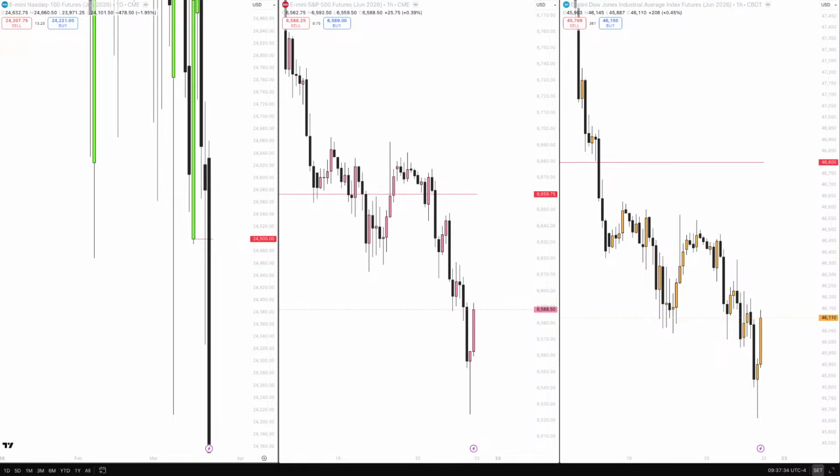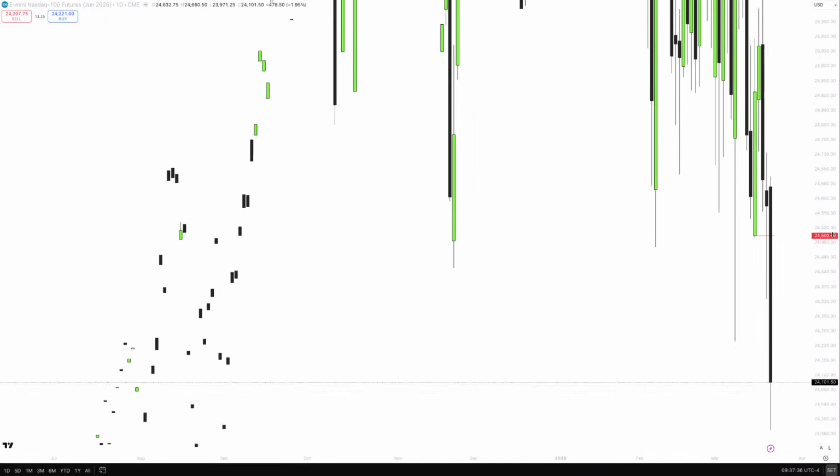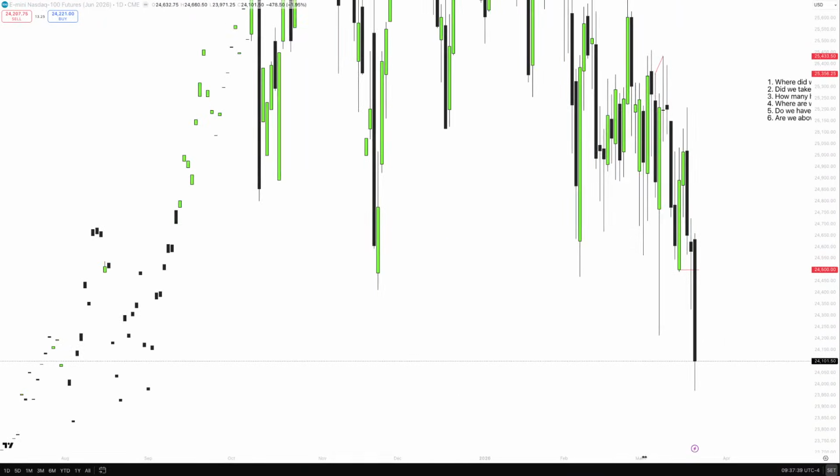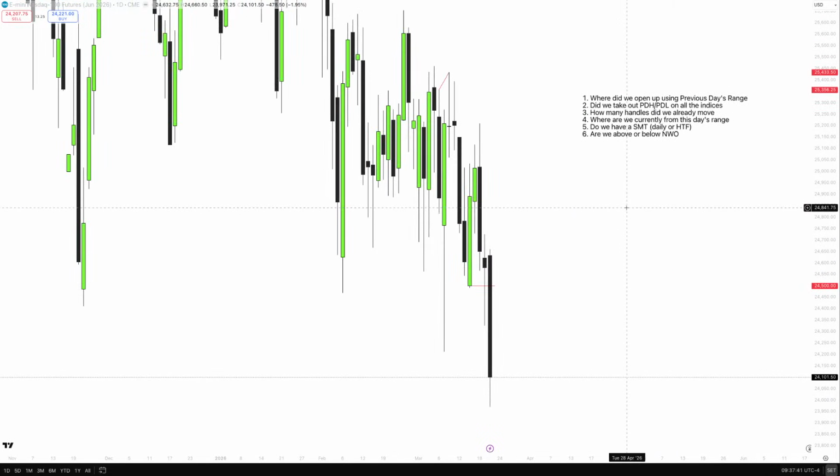Then let's again go to the next point. And the next point is what I just outlined, but I'm going to write it down so you can have it on your checklist as well.